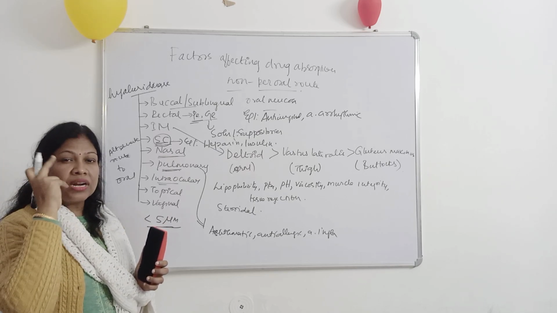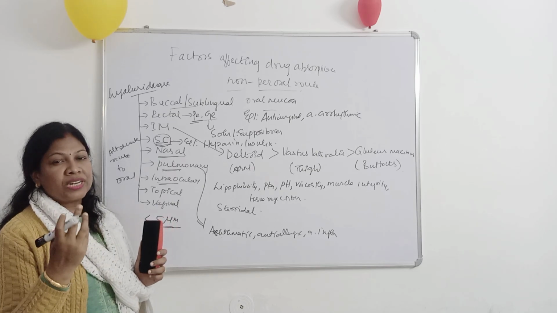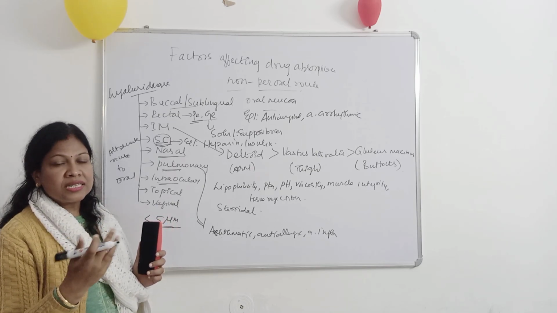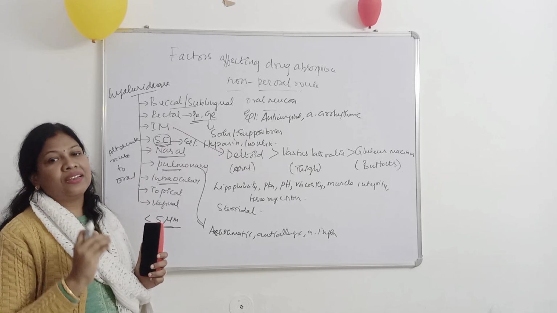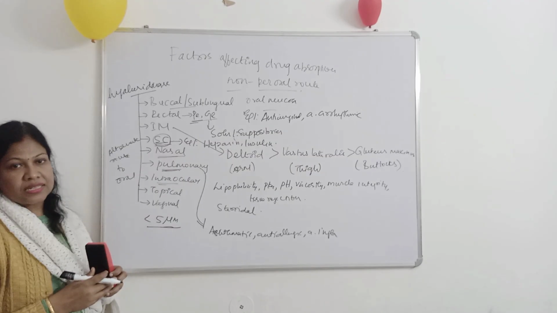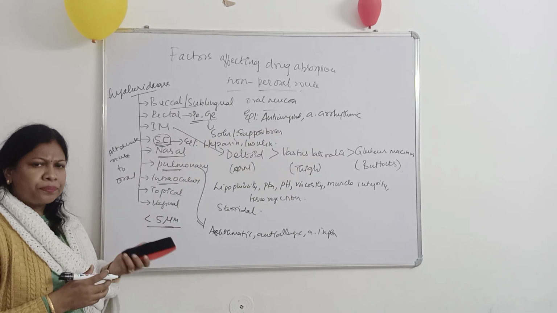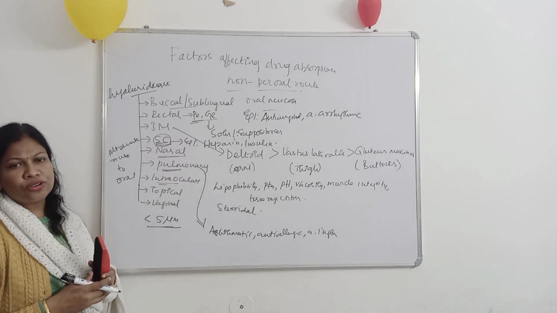So if you need local action in the eye, you have to use this intraocular route. That is, you can use it for anti-allergic drugs, mydriatics, miotics, as well as some anti-infectives. So what are the parameters or factors to be considered in the intraocular route?